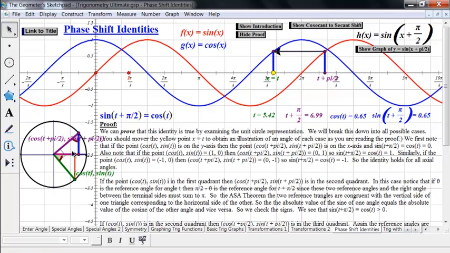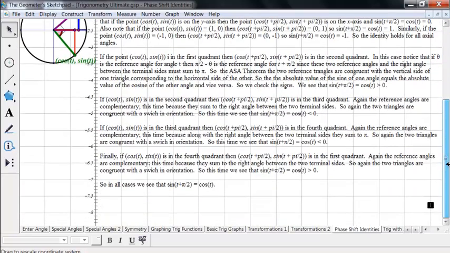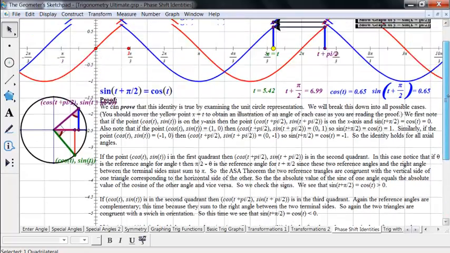Those two lengths are the same, and so this blue vertical length is the sine of the angle t plus pi over 2, and the horizontal length, from here to here, is the cosine of this green angle, so that's cosine of t. And again, they're both positive in this case, and so they are exactly the same size. So in all three cases, we were able to get that it is proved.